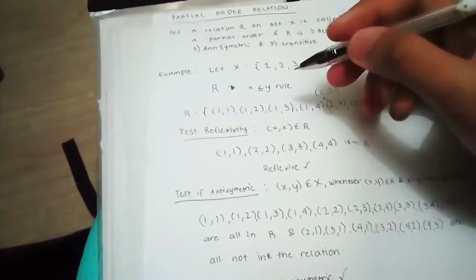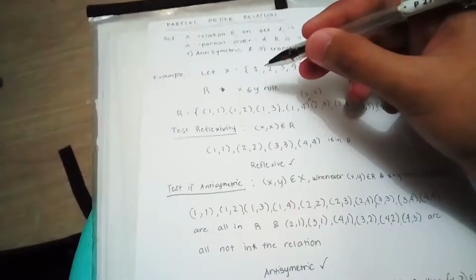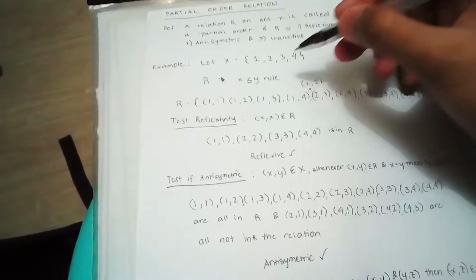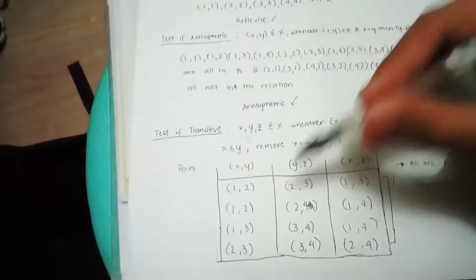Next, next dito is, ang ginawa is, ito yung naging x, ito yung naging y, yung 3, yung 4, yung naging z. That's why yung (x, y) natin is 1 and 3.